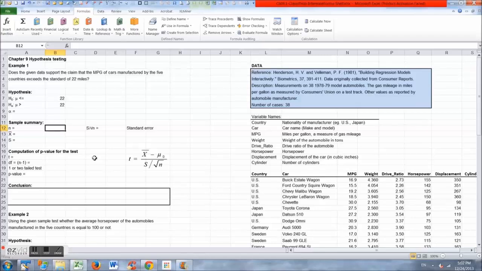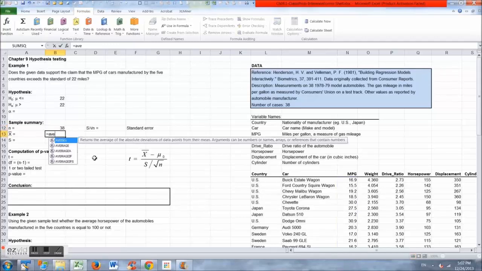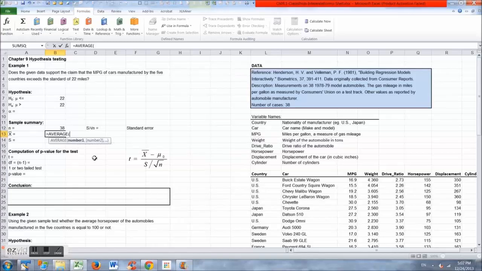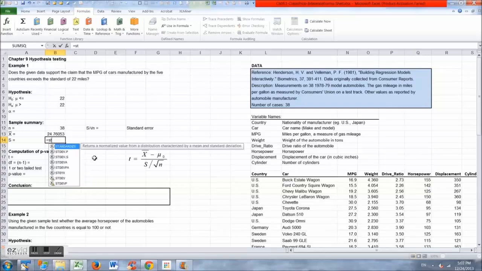So first we want the sample size, and that is count MPG. We need the average value, so we compute average MPG. Then we need the standard deviation, so that will be stdev dot s for sample.